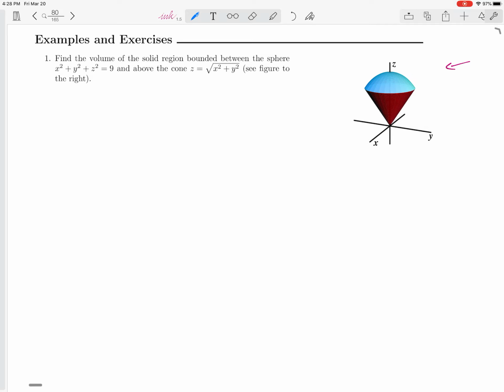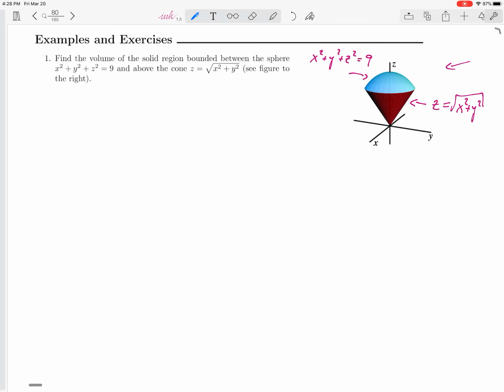And the waffle part of that ice cream cone is described by the equation of the cone, z equal to the square root of x squared plus y squared. And the top, the ice cream part, that looks like a little piece of a sphere, and that's described by x squared plus y squared plus z squared equals 9.